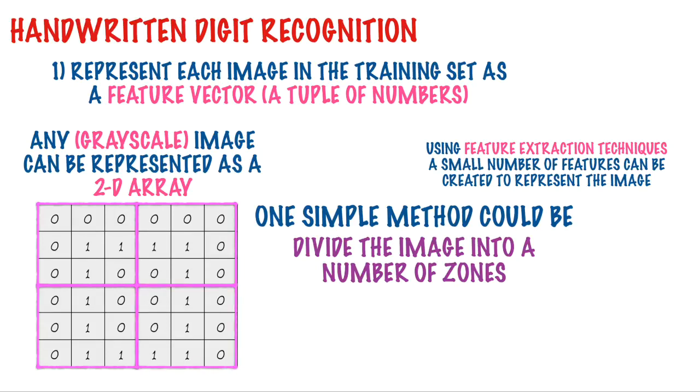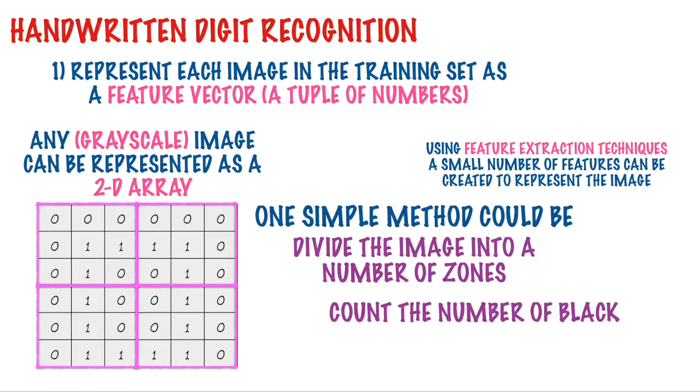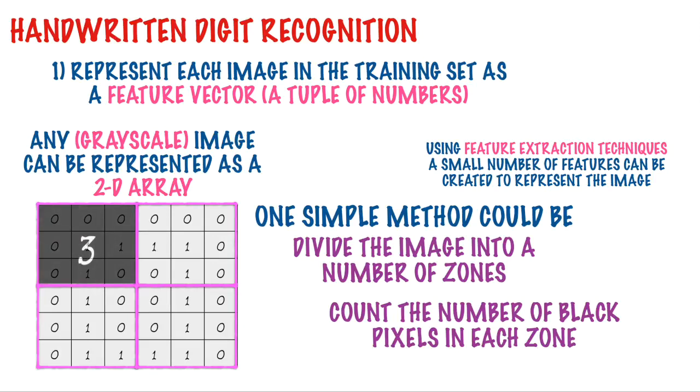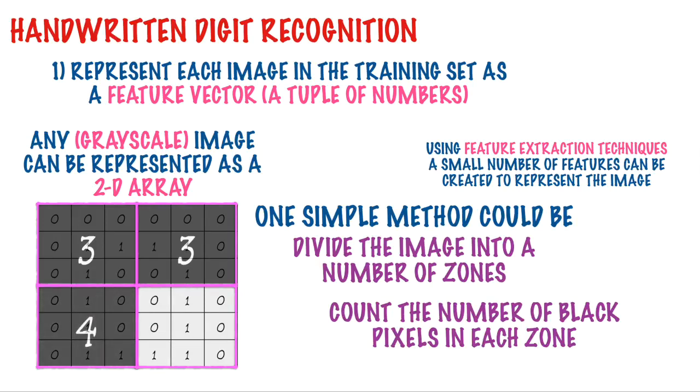We divided it into 4 zones, each of 3 by 3. Each has 9 pixels in it. Then within each zone, we could count the number of black pixels. Here, black is represented by 1 and white by 0. So the top left zone has 3 black pixels, the next one has 3, the bottom left has 4, and the bottom right has 4.